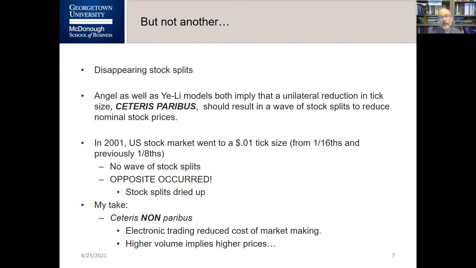Okay, well, if you drop by a factor of 12.5 under the square root rule, that's approximately 3.5. So we should see everybody run out immediately in 2001 and split their stocks. Didn't happen. Now, my prediction was even worse. My prediction was linear. It would have seen a 12.5 reduction in nominal share prices.